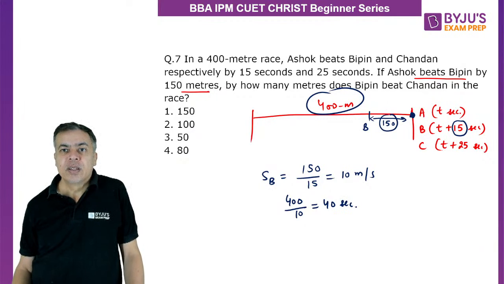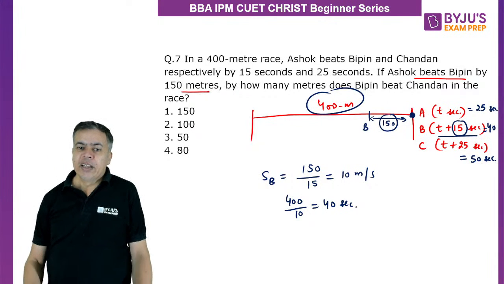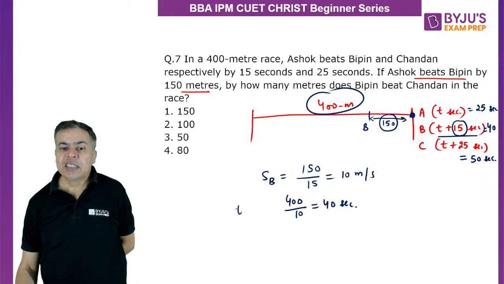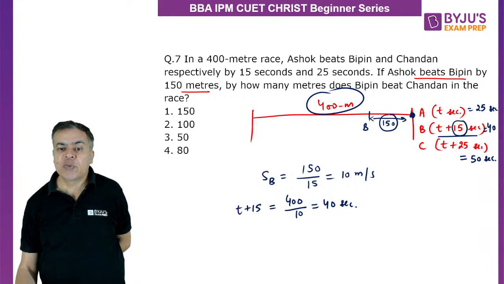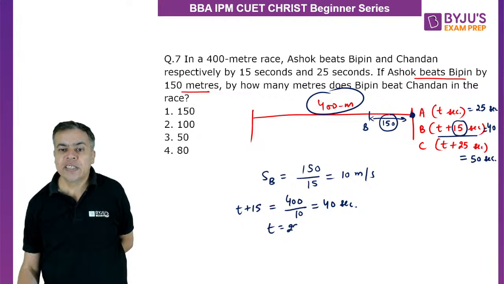So if t plus 15 is 40 seconds, t must be 25 seconds. And t plus 25 will become 50 seconds.